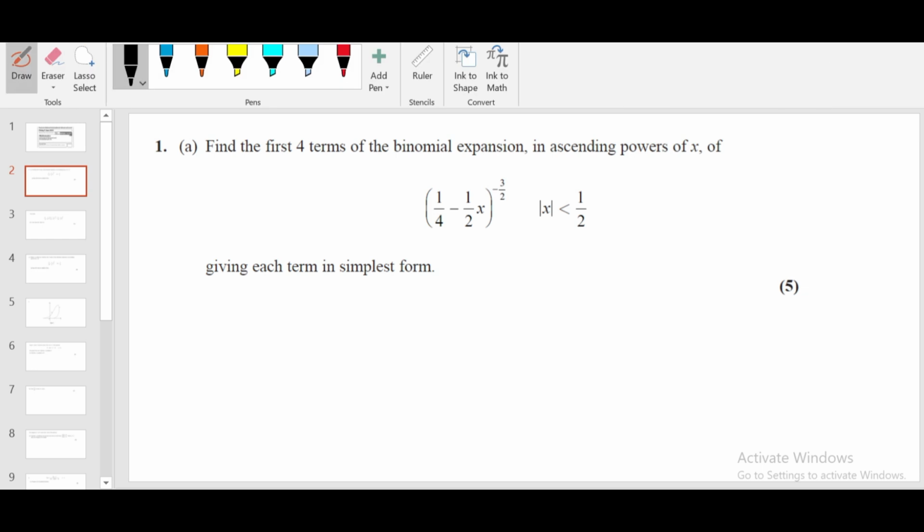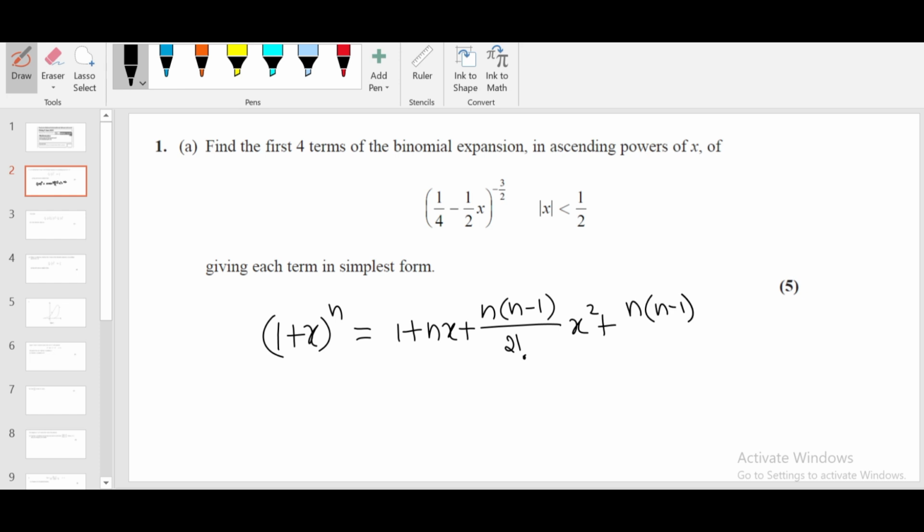The binomial expansion is this: (1 plus x) to the power n is equal to 1 plus nx plus n times (n minus 1) over 2 factorial x squared plus n times (n minus 1) times (n minus 2) over 3 factorial x cubed plus etc. The n is the power.